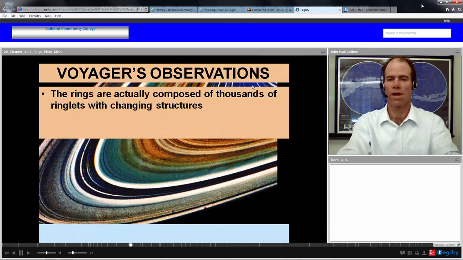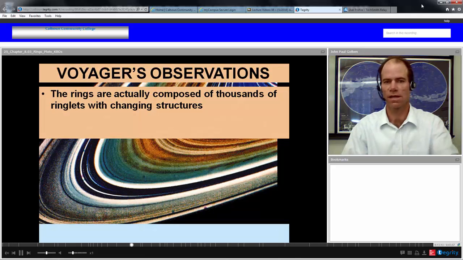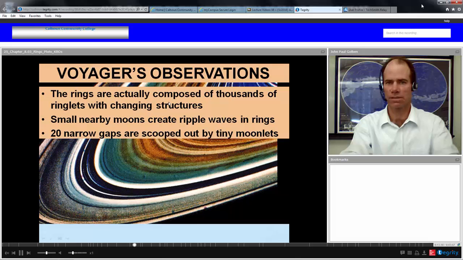Here are some observations taken by the Voyager spacecraft that first observed many of the features of Saturn's rings. The rings are actually composed of thousands of ringlets with changing structures themselves, with tiny moonlets creating these gaps.